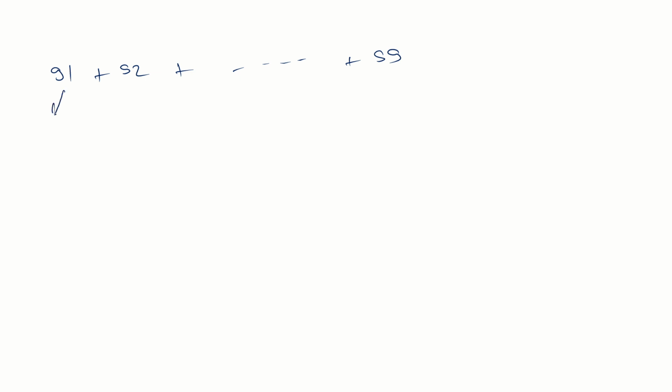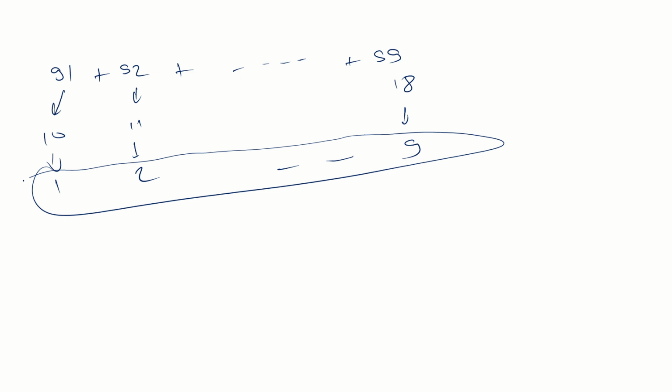So guys, what happened? 9 plus 1, that is 10. Then 11. 9 plus 9 is 18, but 18 gives 1 plus 8, 9. So it's again 1 plus 2 plus 3 dotted up till 9.